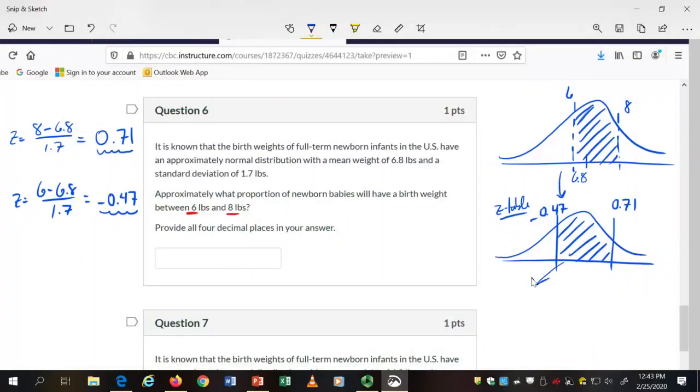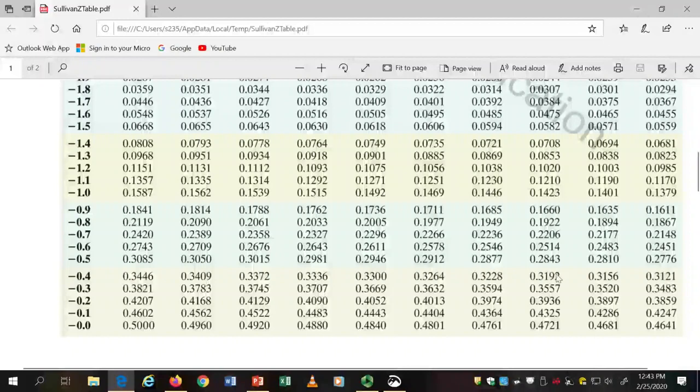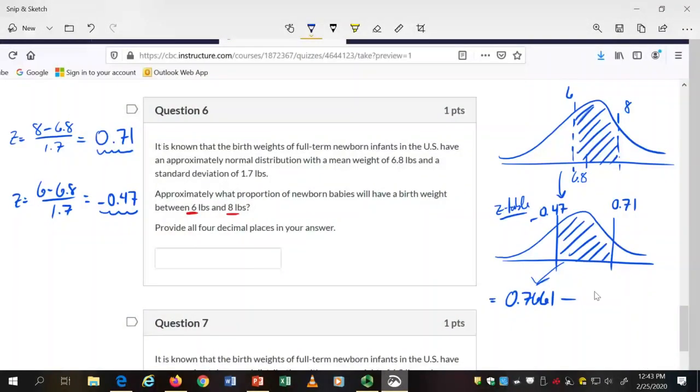Then to get this, we get the probability below the biggest z-score, and then we look up the negative z-score. So we look up negative 0.47. It's right here. It's 0.3192, the probability below the lower z-score. 0.3192, and then we subtract them.